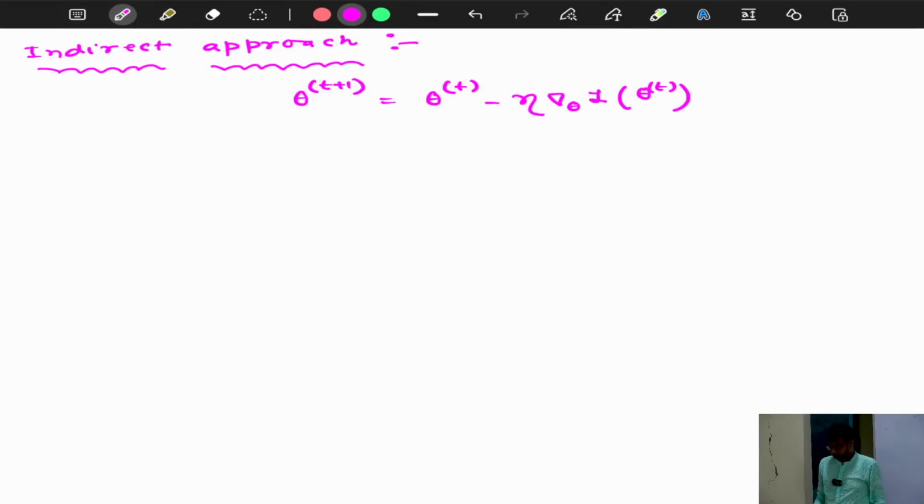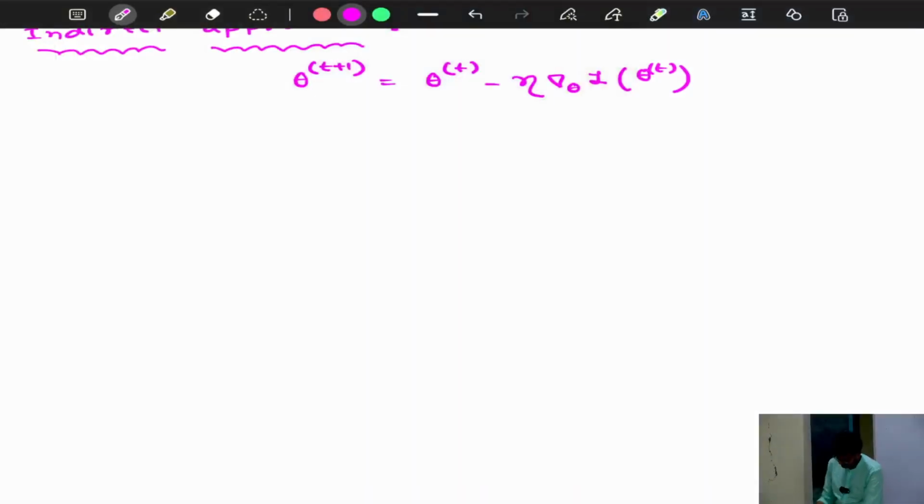Eta is another hyperparameter. You don't train for eta, you fix eta based on heuristics. So this is another hyperparameter.